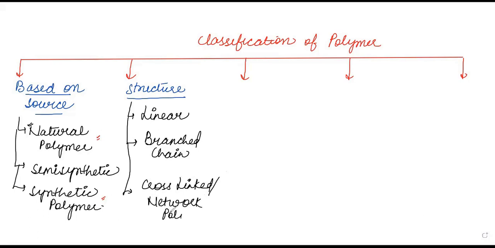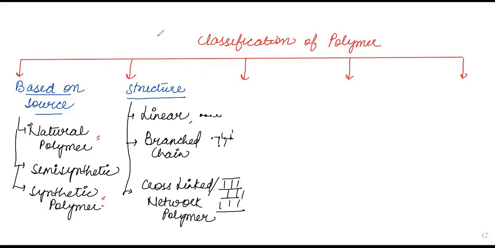If we have a linear chain of connected units, it is linear polymer. If we have monomer units in the same chain and also branching, this is branched chain. And if we have a 3D structure connected with one another, this is known as cross-linked polymer.